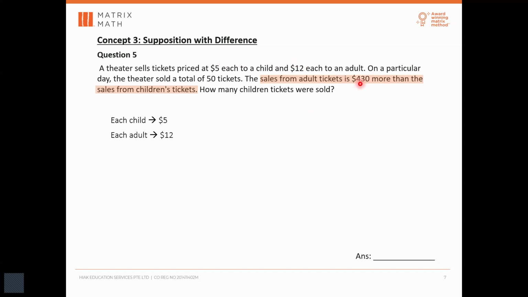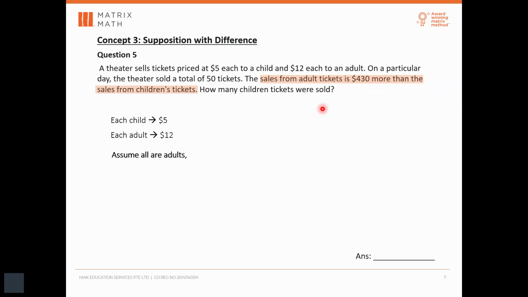This $430 is which one more than which one? Adults more than children, right? So start off with adults more, which means you assume all are adult tickets first. This sentence is very important. They tell you which one is more than which one. You start with the one that has more.